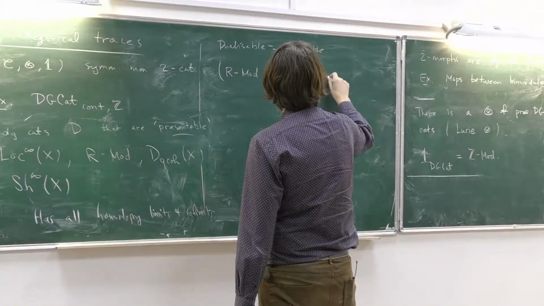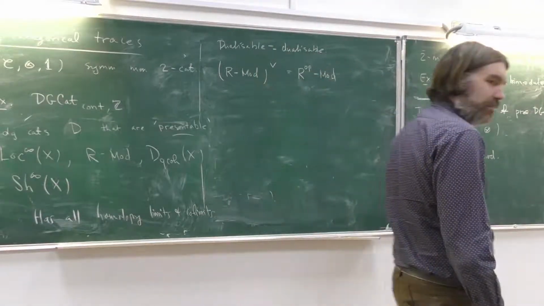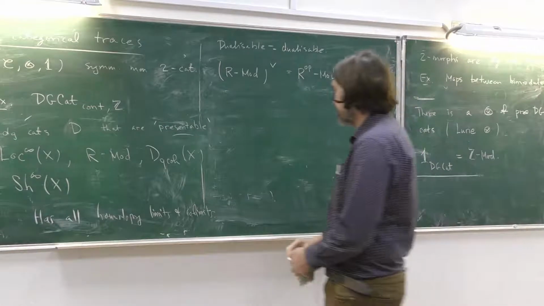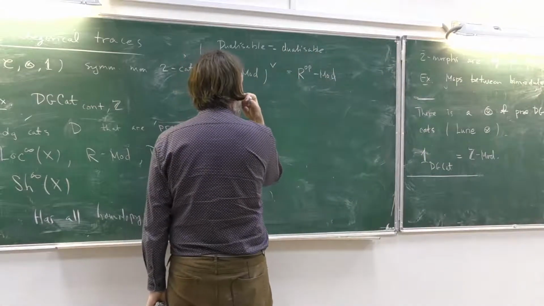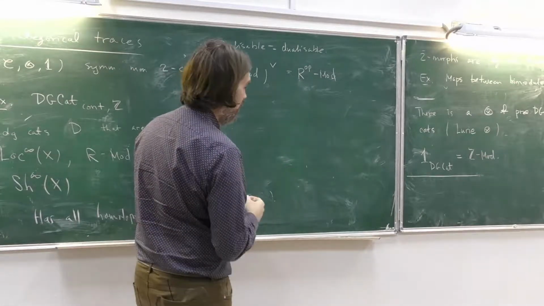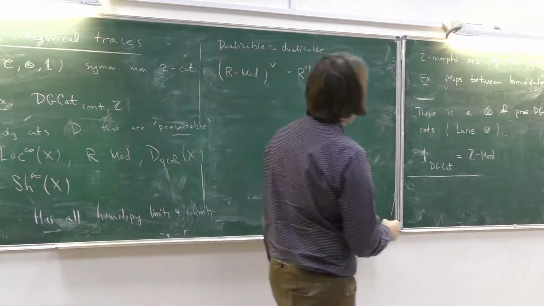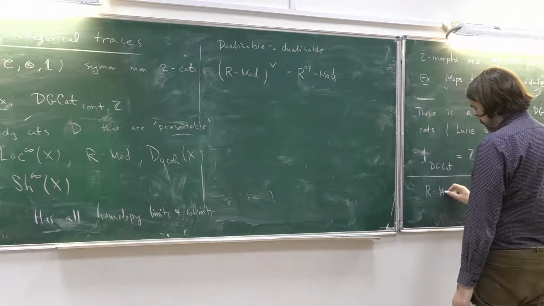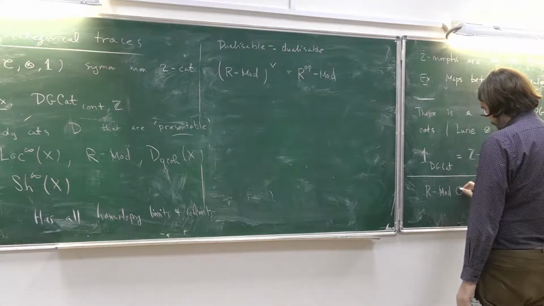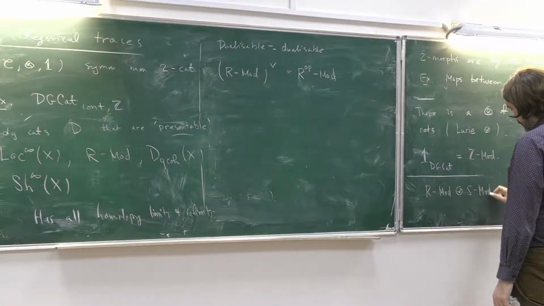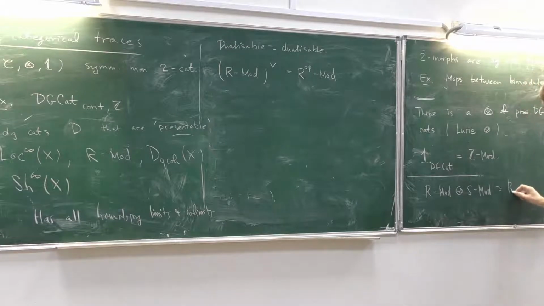Okay, and let's explain exactly how. Okay, so I need to tell you what the pairing is, for example. Okay, there was an additional property. So I should have said this here. Another nice property of this tensor product of DG categories is that if I tensor together two module categories, I get modules over the tensor product algebra.